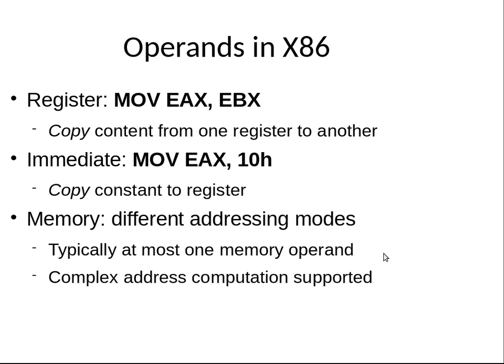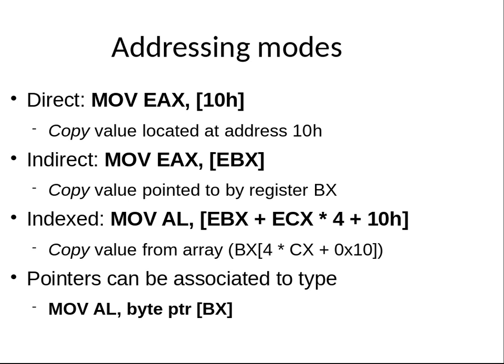Operands in x86, this is Intel syntax. Copy content from one register to another, so the content of EBX goes into EAX, or you can tell it to just copy straight up 10 into EAX. You have different memory addressing modes for what's next.